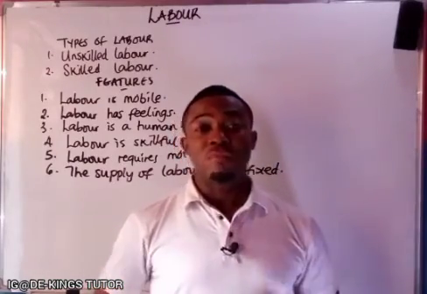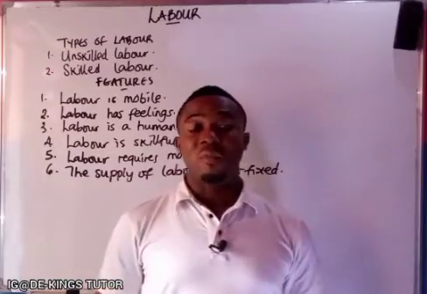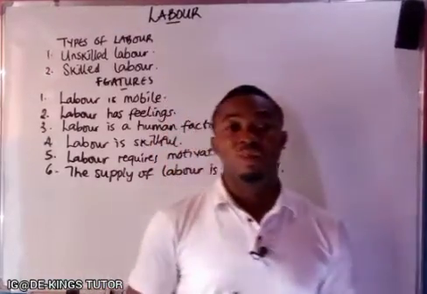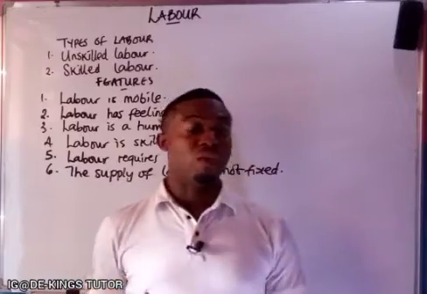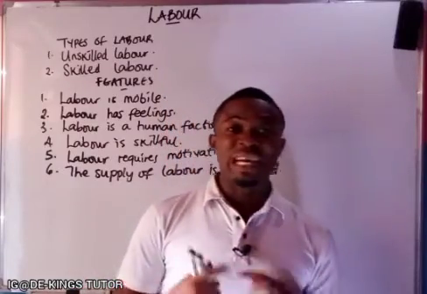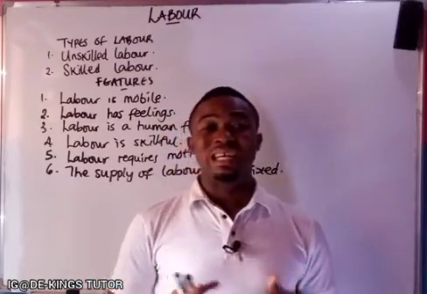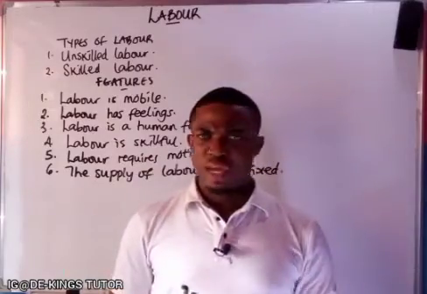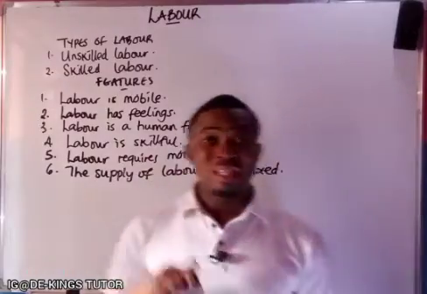For labor to increase production without increasing the number of labor, they might have gone through formal education, or they might have been motivated by incentives to increase their quantity of production.